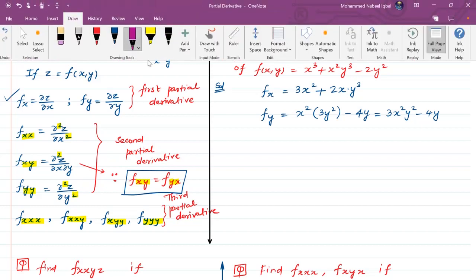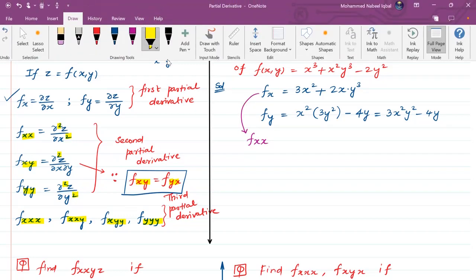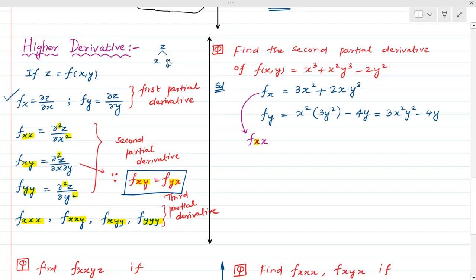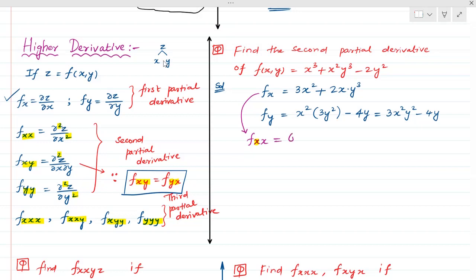Now in order to calculate the fxx, take this one and differentiate again with respect to what? Again with respect to x. So if you differentiate again with respect to x, you will get 6x, plus 2y power 3.